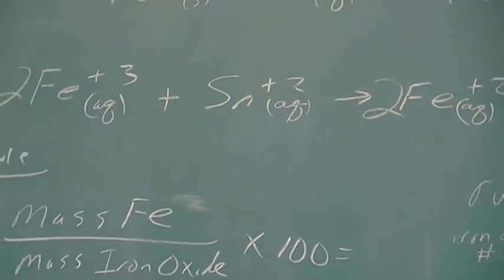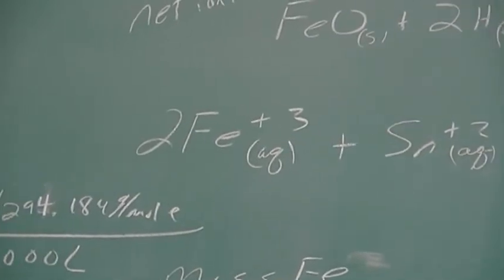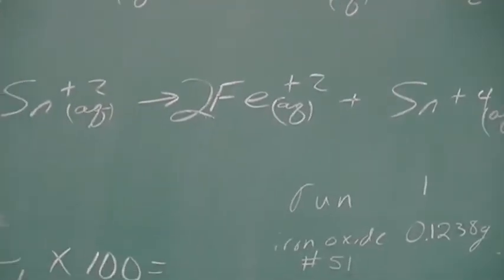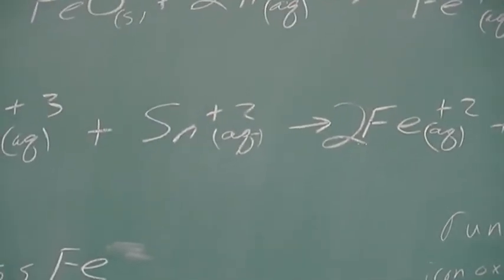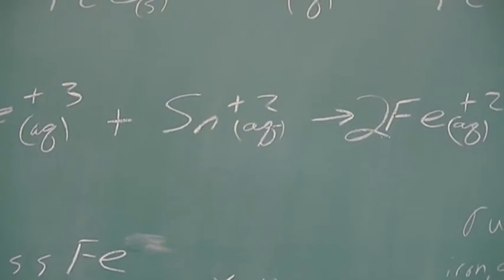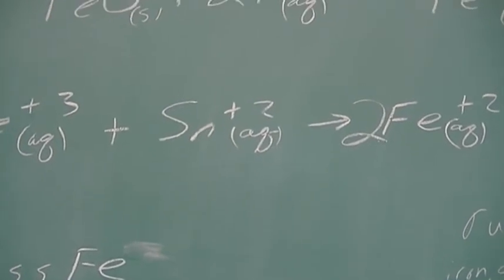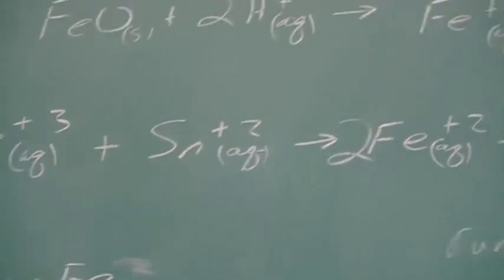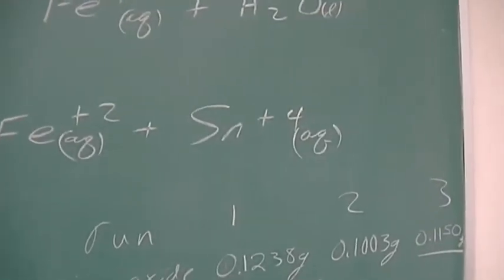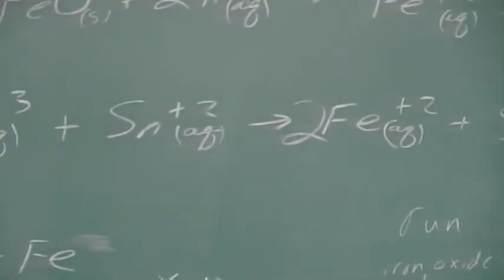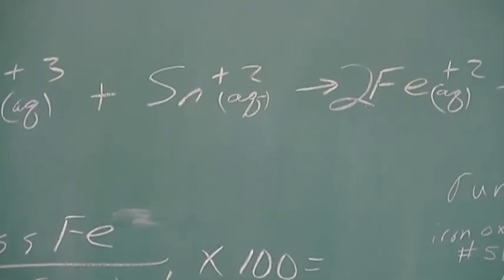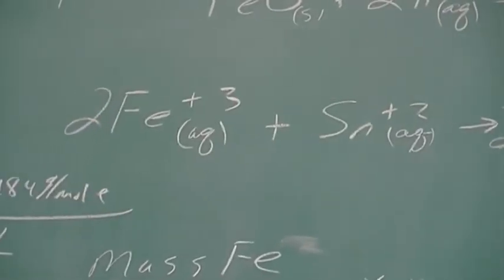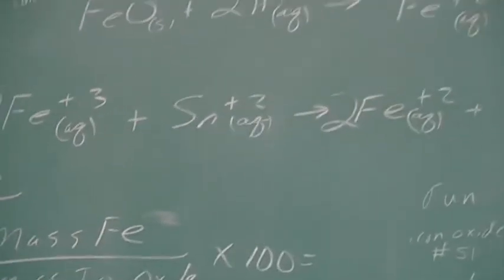We need to reduce our iron plus 3 to iron plus 2, so we add the reducing agent, tin plus 2. Tin plus 2 is going to oxidize into tin plus 4. When the tin plus 2 is doing an oxidation, it is a reducing agent. It is what we add to reduce our iron plus 3.